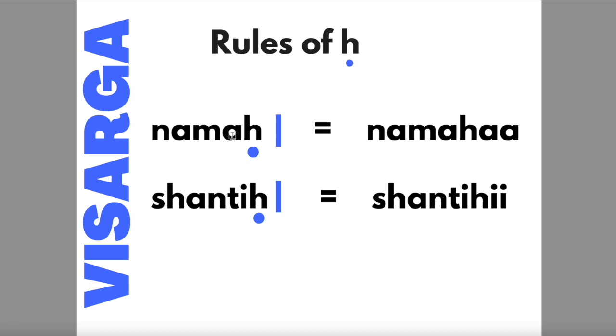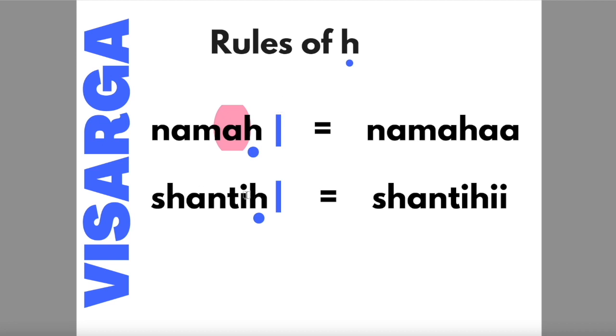We look at the letter just before the visarga. In this case, it is an a sound. And then we just stretch the sound out after the H sound and we make it double. So nama becomes namaha when there is an ending of that particular line indicated by the long vertical line.